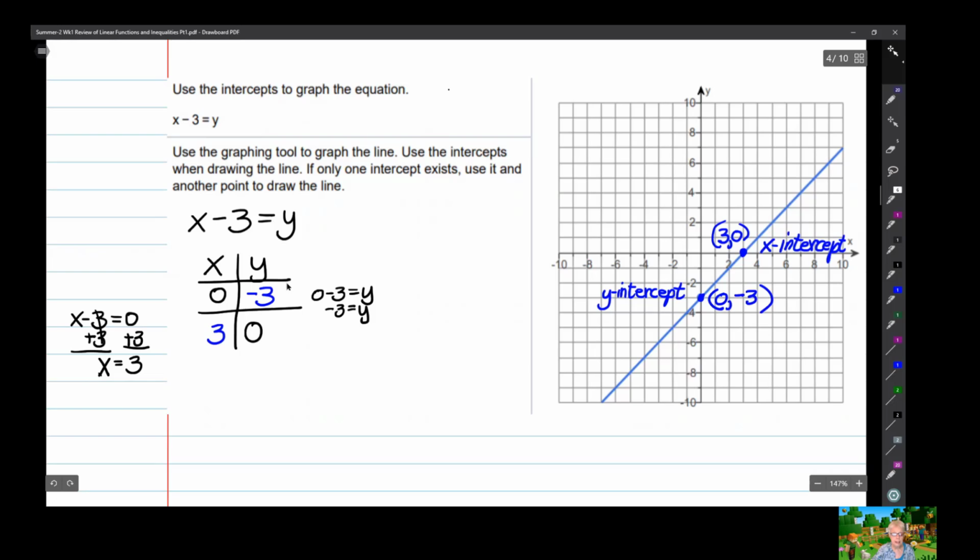So (0, -3) is the Y-intercept. (3, 0) is the X-intercept. (0, -3) is located here, with parentheses around it because you always do that with points. They're called ordered pairs. X always comes before Y, and you put them in parentheses.